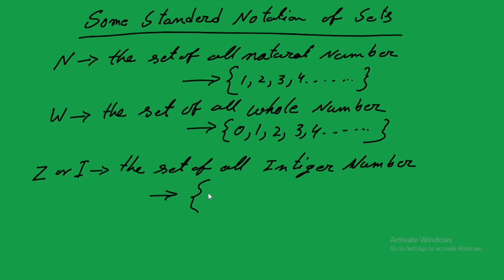Integers start from minus, on this side minus 2, minus 1, and there is the neutral number 0, and after that 1, 2, and so on.